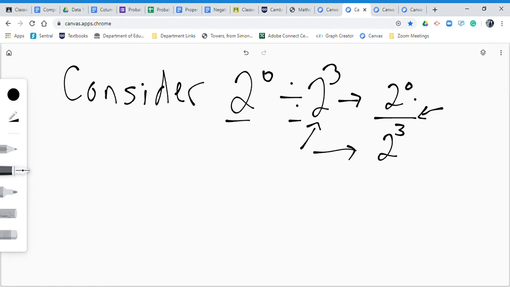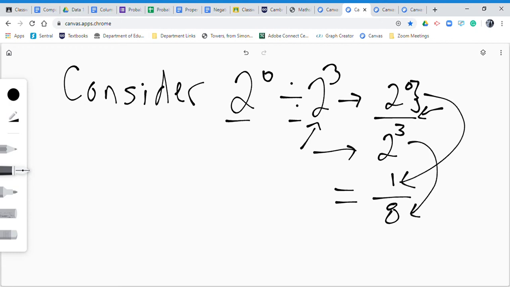We know from the other day that anything to the power of 0 is 1, over 2 to the power of 3. Using my calculator, 2 to the power of 3 is 8. So I evaluated the top, which equaled 1, and the bottom, which is 8.